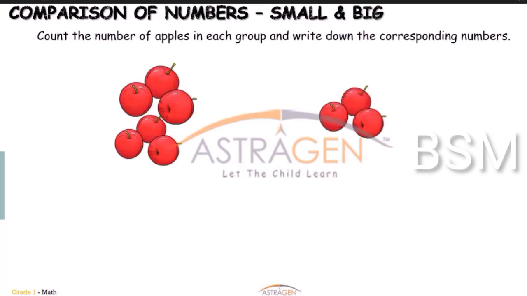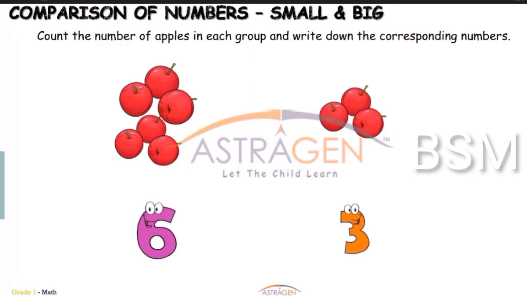How many apples are there here first? 6, and there we have 3. Right? Now children, compare which is big and which is small. Before we compare big and small, we also know the concept of more and less. Right?